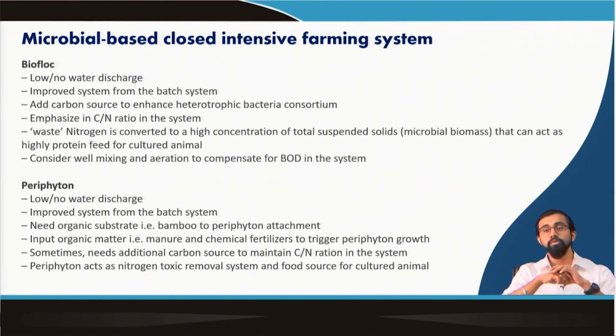The biochemical oxygen demand can also be reduced. I think you already know what biochemical oxygen demand is, right? This biochemical oxygen demand is a very important parameter you need to understand whenever you are working with any water-related activities, any water quality related engineering or technology, or any science subjects.